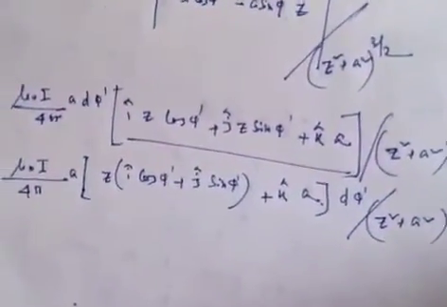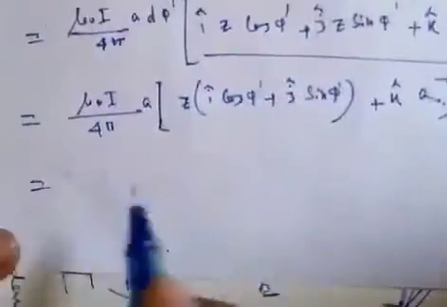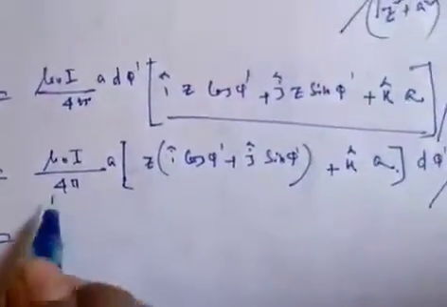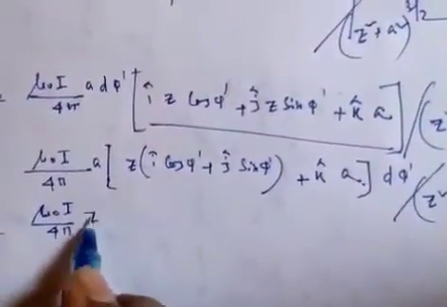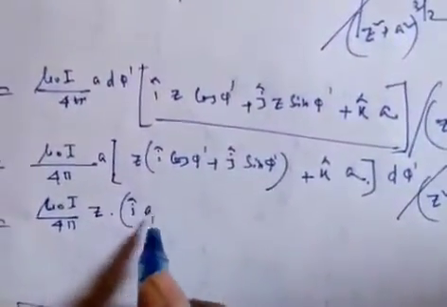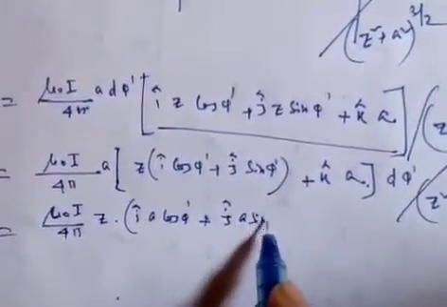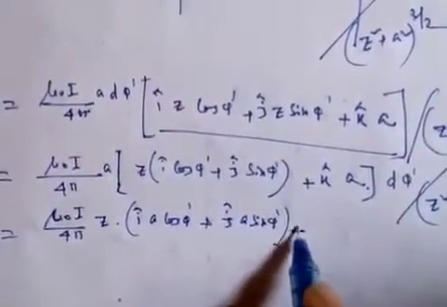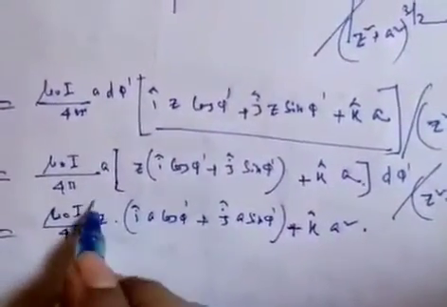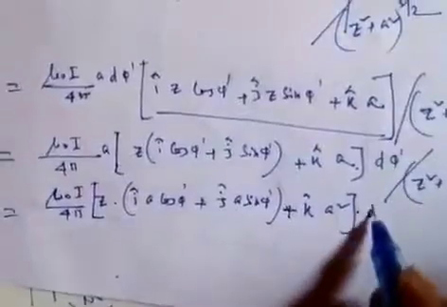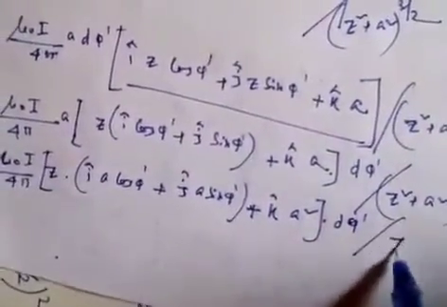Okay, now I just take a inside the bracket, that is mu 0 I by 4 pi z into i cap a cos phi prime plus j cap a sin phi prime plus k cap a square, d phi prime by this one.